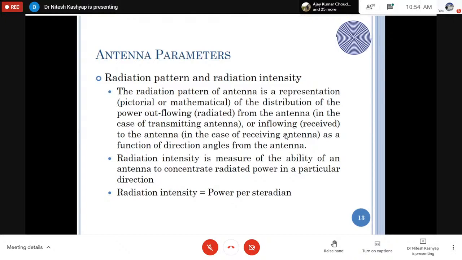So that radiation pattern tells us how the antenna radiates. The radiation intensity is a measure of the ability of an antenna to concentrate radiated power in a particular direction. So we measure this radiation intensity in steradian or solid angle.